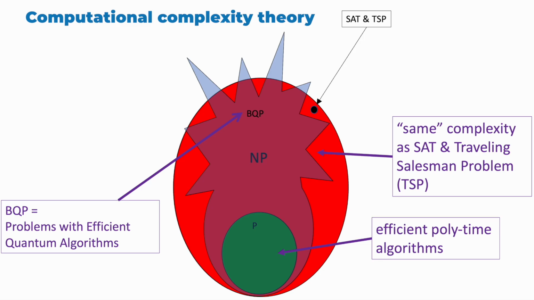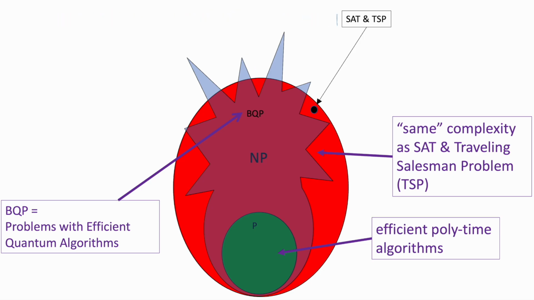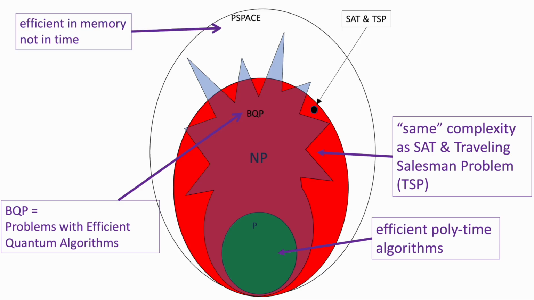And all of this is encapsulated in an even bigger complexity class called polynomial space or PSPACE. Again, it's not so important what the precise definitions are, just that there are these inclusion relations. And now comes the big question that we don't know how to answer, and that's the question whether this class P is equal to this class PSPACE.